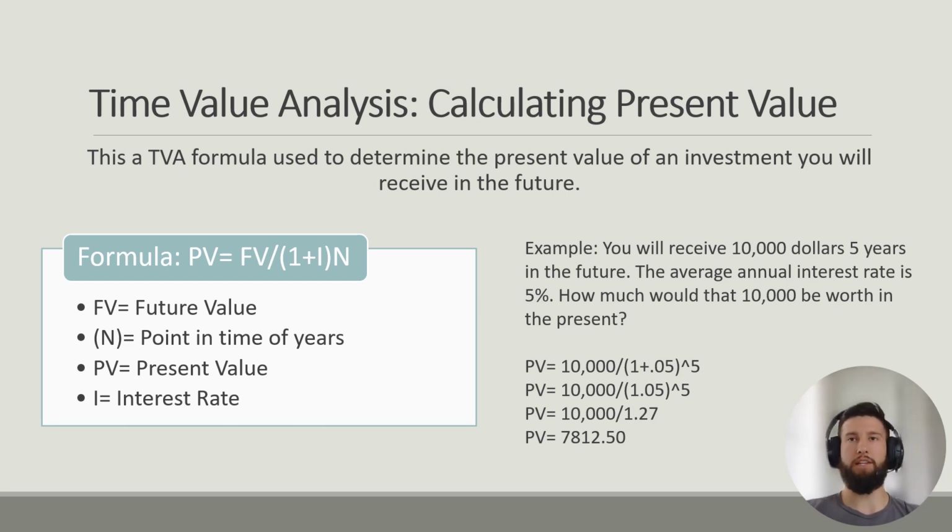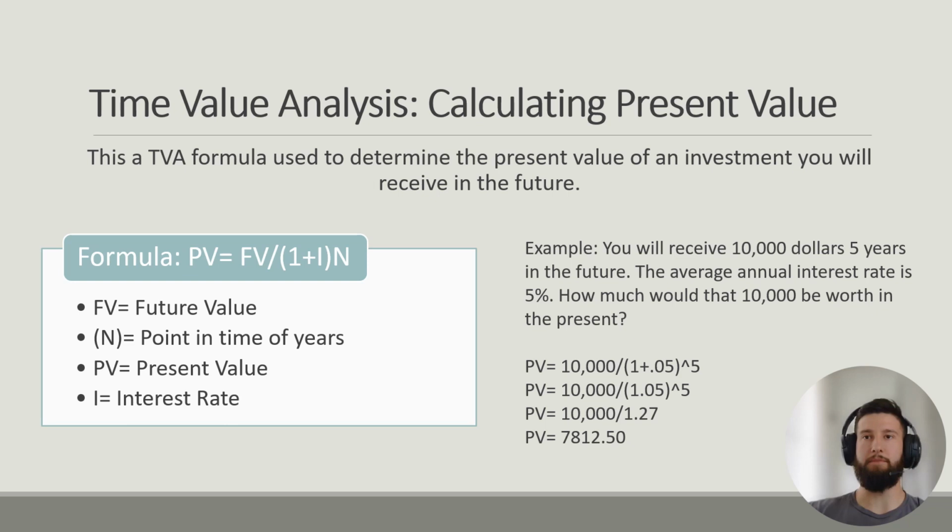But the example I used here was just a basic one. You're going to receive $10,000 5 years into the future. The average annual interest rate is 5%, or that could be the discount rate. How much would that $10,000 be worth in the present? So we're trying to find out the present day value of $10,000 5 years from now.